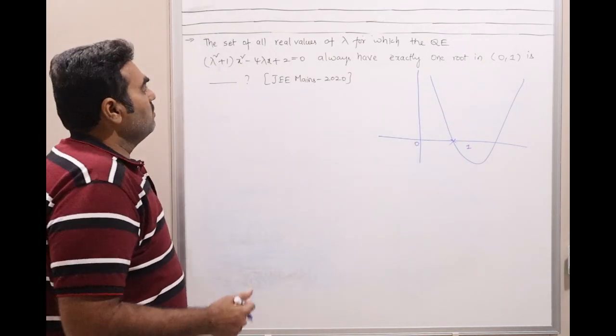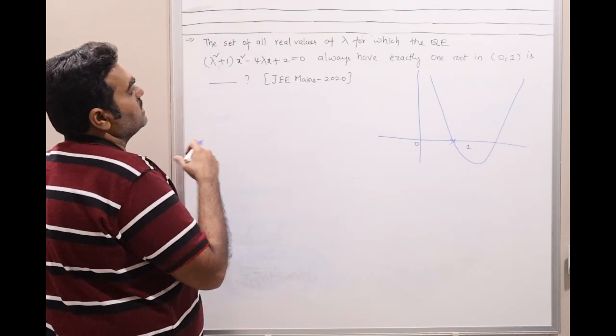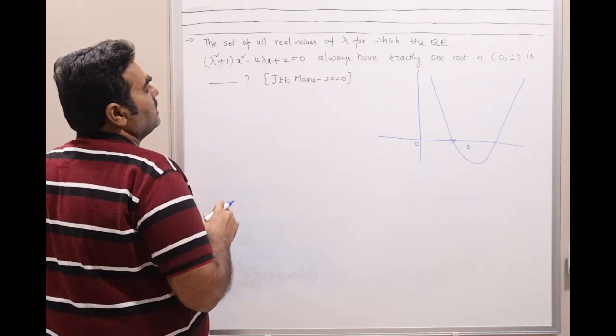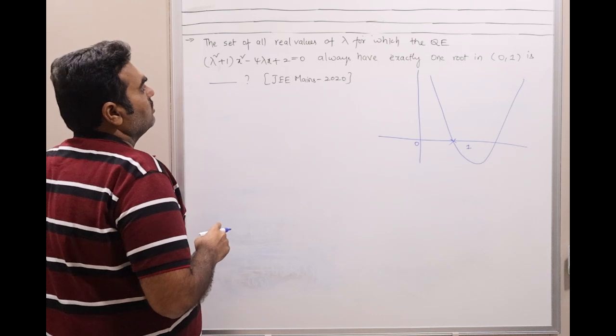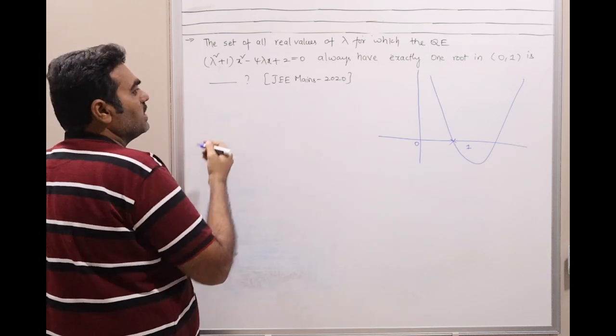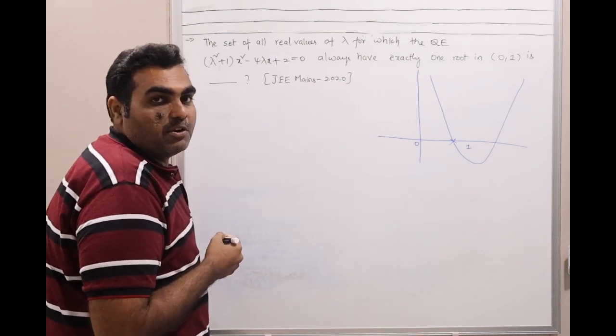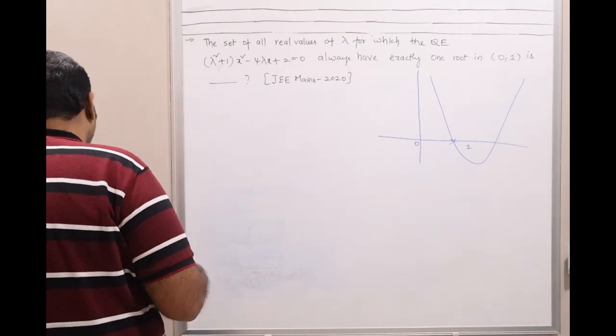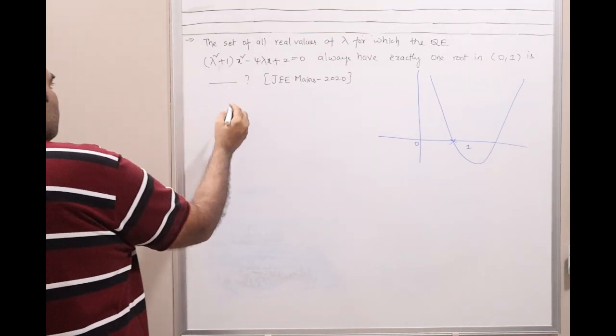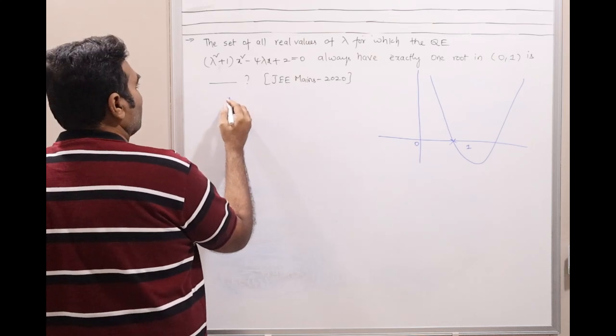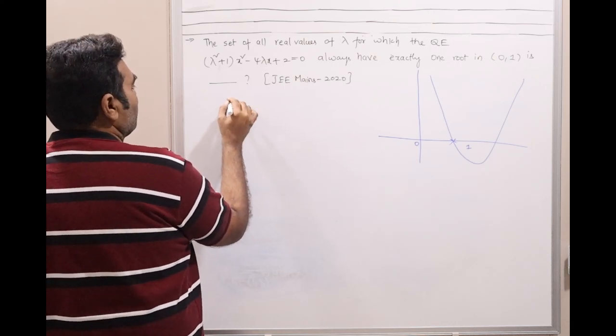Now let us see. He says one root is in (0, 1). So first of all, we can take the value of the discriminant, b square minus 4ac.